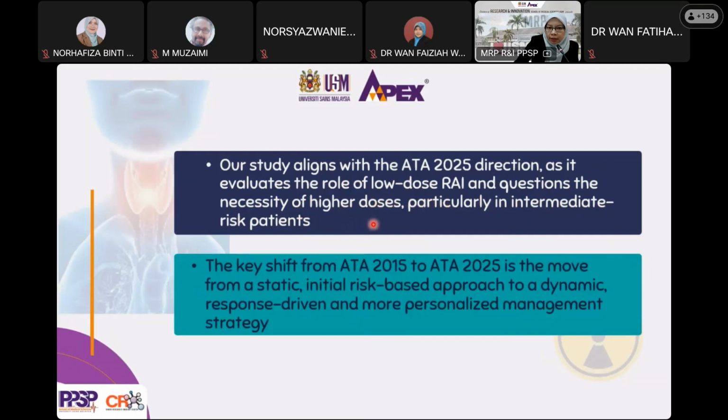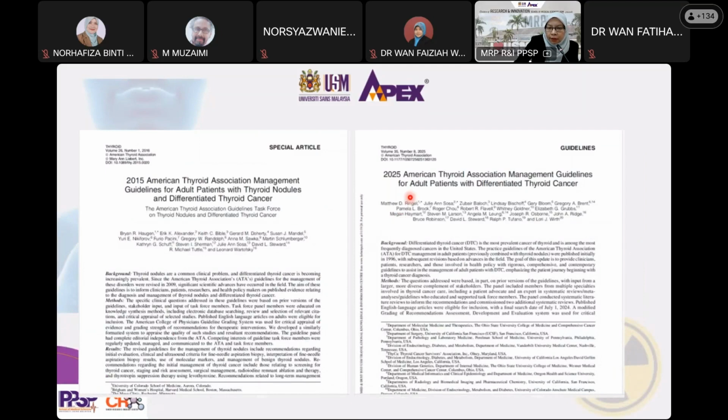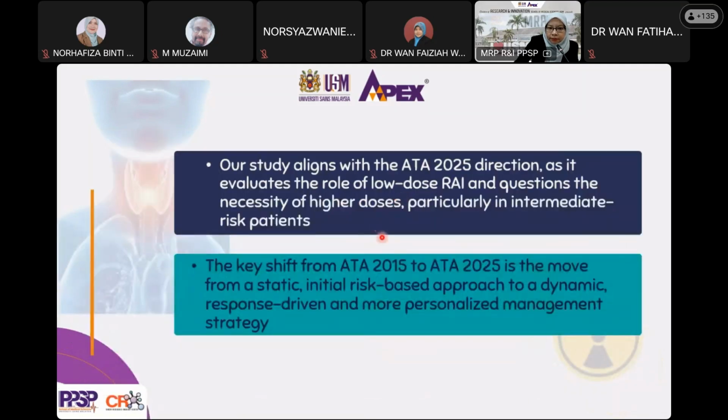In ATA 2025, they already recommended that no RI is needed for low risk patient. So the key shift from ATA 2015 to ATA 2025 is the move from a static initial risk-based approach to a dynamic response-driven and more personalized management strategy.